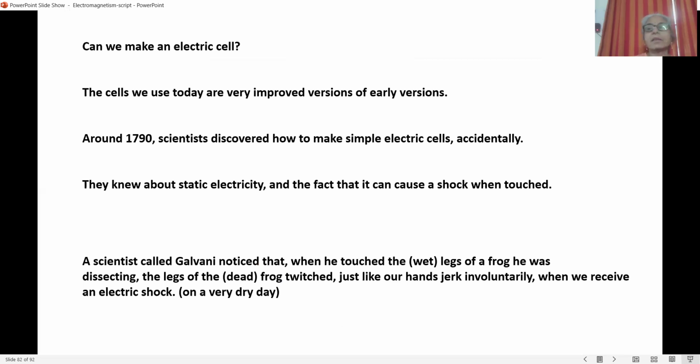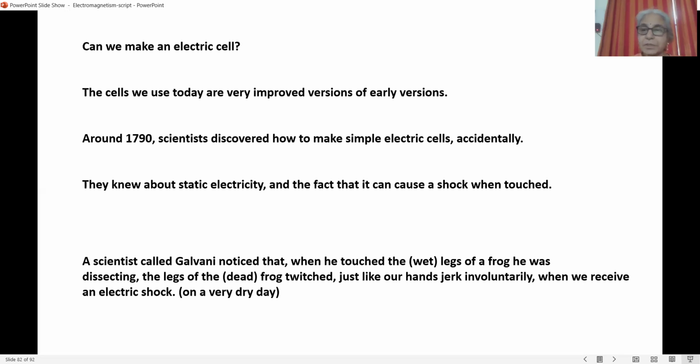Now, next, can we make an electric cell? We have so far used electric cells which we bought. We opened up an electric cell, the dry cell, and we saw what is inside. But how did scientists make them first? When did they make them? Around 1790, scientists discovered how to make simple electric cells, and they knew that electricity was being generated because they could feel small shocks from these cells.